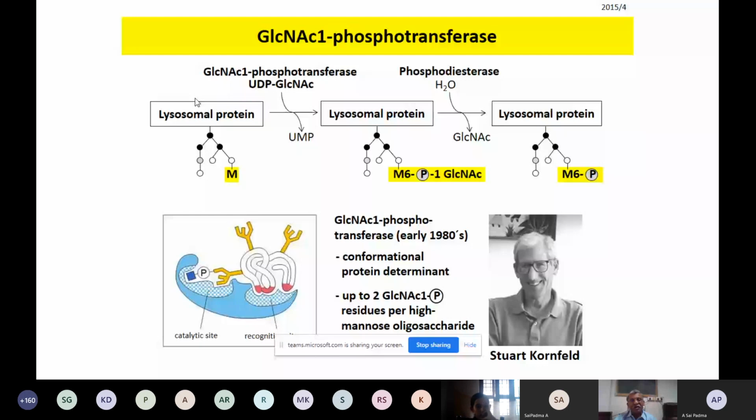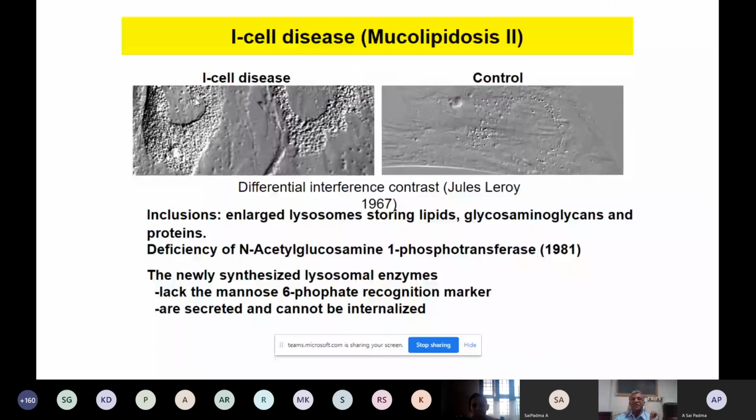So all the 50 different lysosomal enzymes contain mannose oligosaccharide structures, and one of the mannose residues is modified to generate this phosphate group. In the second reaction, a phosphodiesterase enzyme removes the N-acetylglucosamine and generates the mannose-6-phosphate. And this phosphate is responsible for the selective transmission of the lysosomal enzymes to the lysosomes.